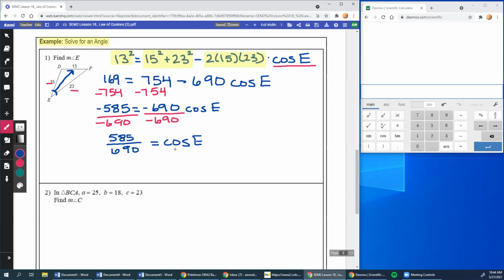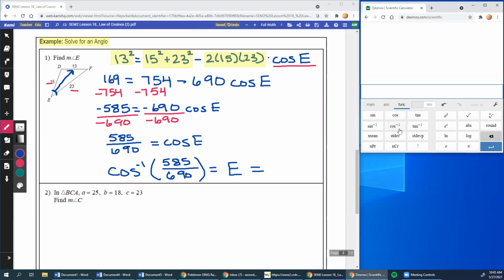Because now that we have it done to cosine E and we're finding the angle, now we just take the inverse of cosine of that fraction. So you don't even have to simplify the fraction because we're going to be inversing it with cosine anyway to find the angle. So just leave it alone.